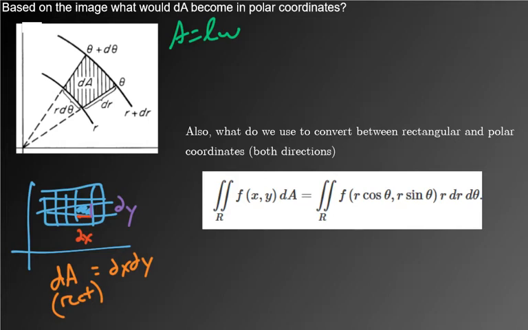You can call this the length or width, it doesn't really matter. But part of it is just the change in the radius for my polar. So let's call this length, okay? So dr is going to be part of my area element, okay?